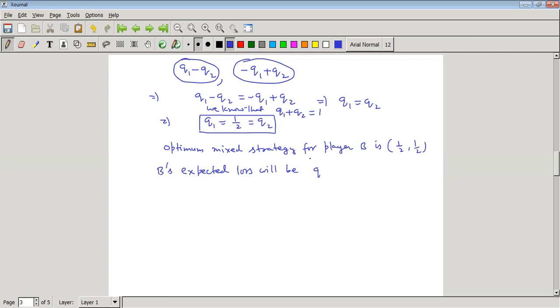So let us put in any one of the equations Q1 minus Q2, that is half minus half, so it is 0, right? So B's expected loss is 0, or we can say it is also the value of the game. So value of the game is 0.